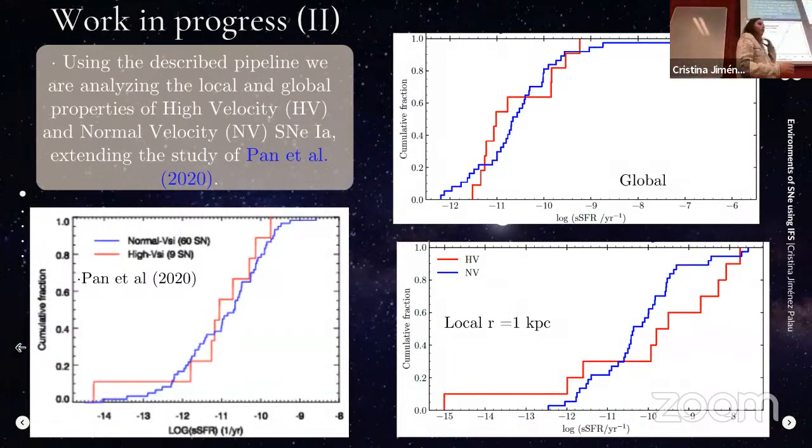This is done for the logarithm of stellar mass. This is done for the specific star formation rate. So we are trying to infer if there are some noticeable differences between the local and the global, and to see if this changes a lot from this base.